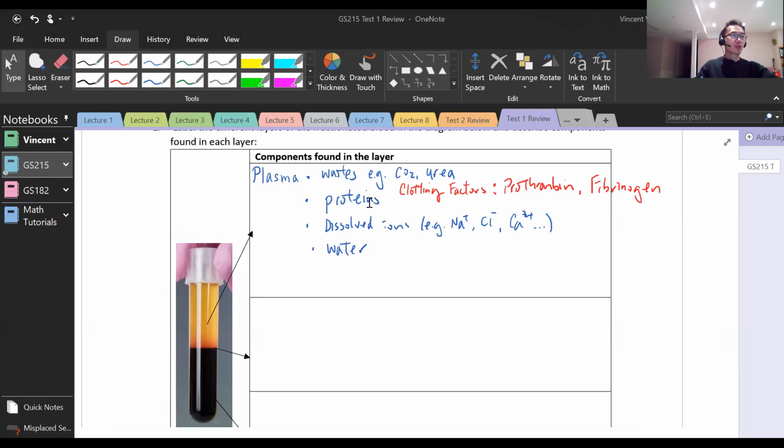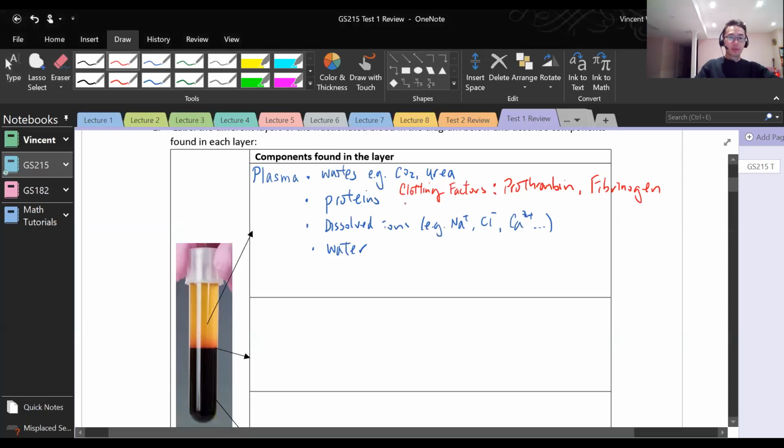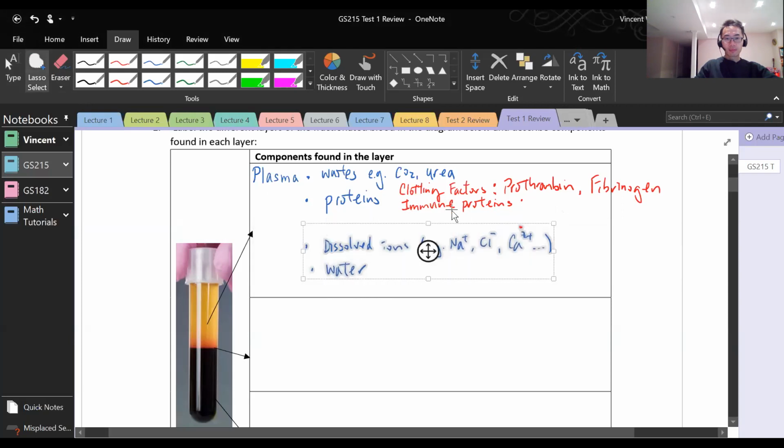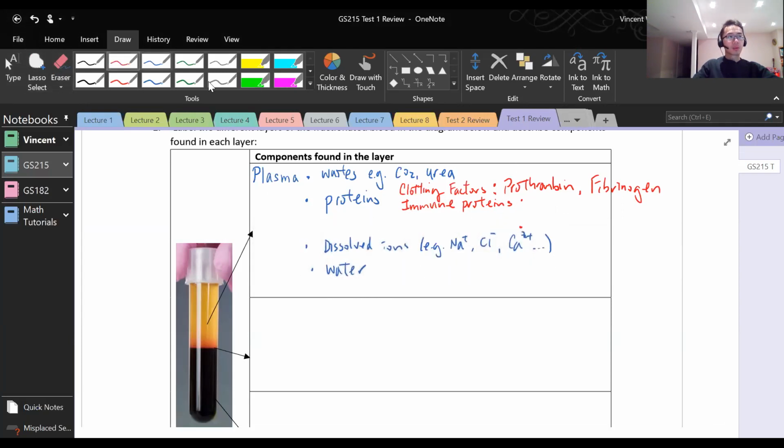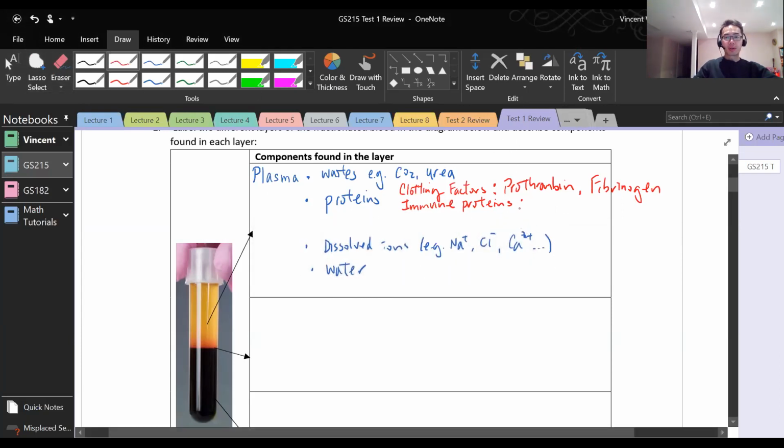And then in addition to clotting factors, we also have like immune proteins, right? Proteins that are important for our immune system. So what are some examples of immune proteins? Anyone want to chime in? Anyone else? What kind of immune proteins are there?